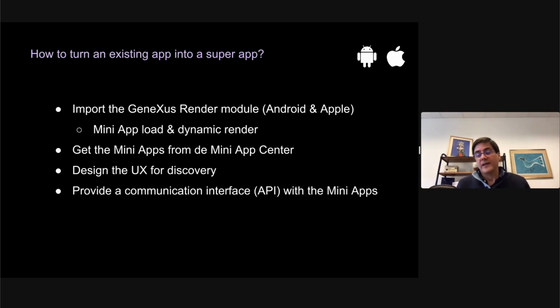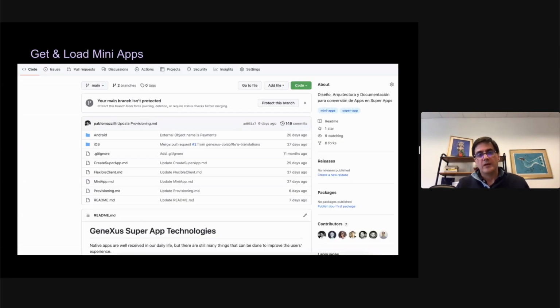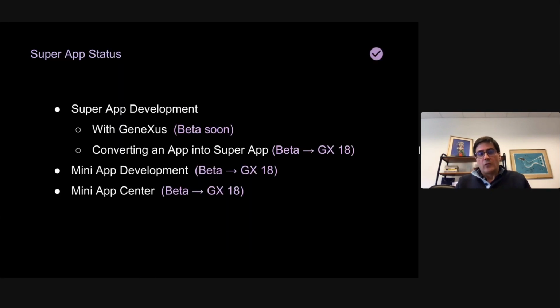You need to implement those services, and you need to export the interface so that those that develop mini apps can communicate and have those entry points and contact points with the super app. As I said, all of this documentation to convert a native application is already available on the wiki.